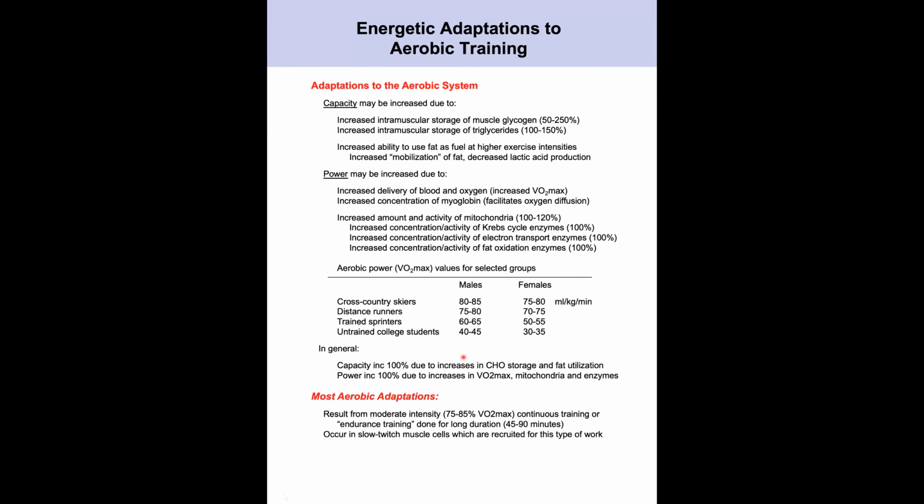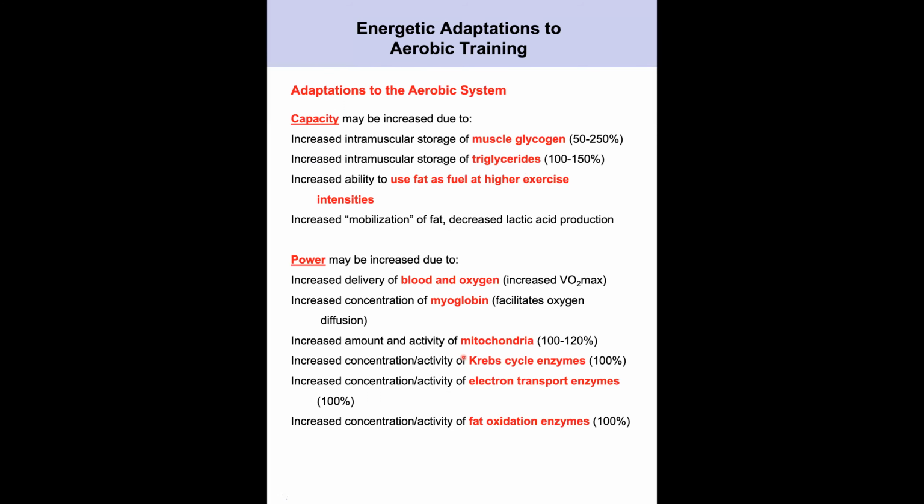All right, aerobic training. Let's look at the capacity here. This is all glycogen based, so it takes days to replenish glycogen, usually based off of dietary food sources. And so we know that you can increase intramuscular storage of muscle glycogen 50 to 250%.